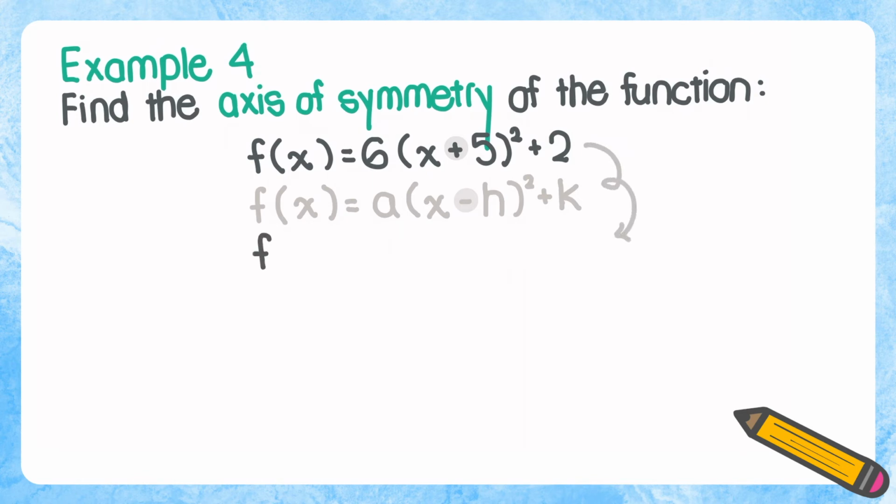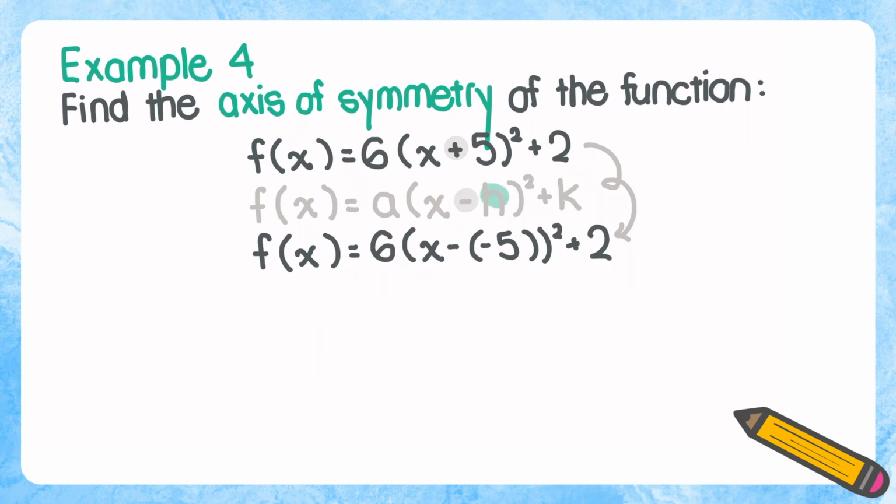We will have f of x equals 6 times x minus negative 5 quantity squared plus 2. We now have an exact match, and notice how h is replaced by negative 5.